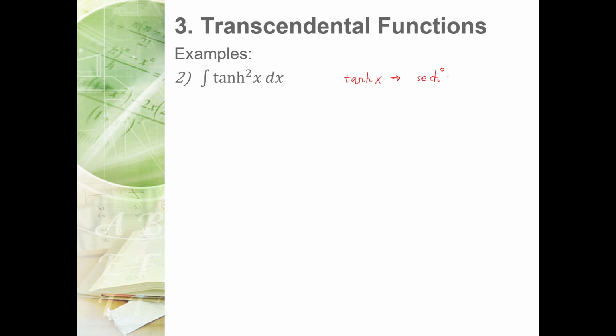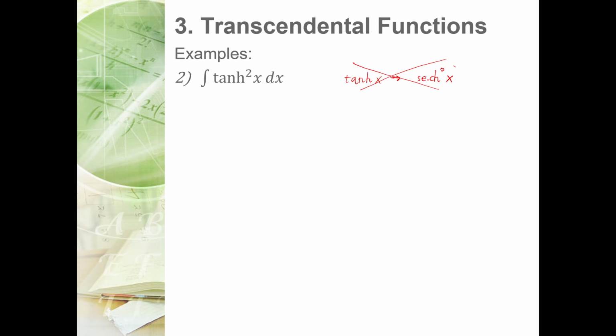So more likely that's hyperbolic secant squared, right? But looking at your equation, we don't have secant hyperbolic squared. We only have tangent. So meaning you cannot utilize this here.